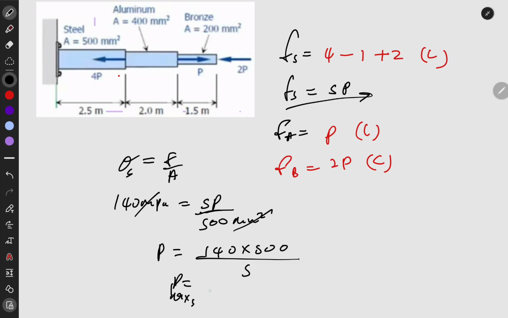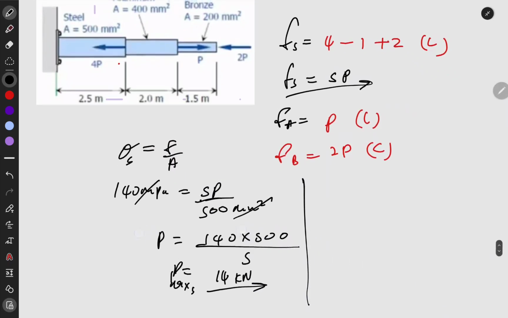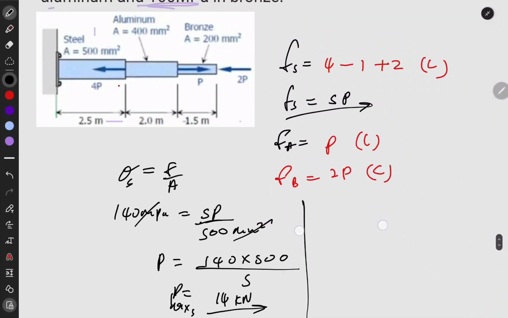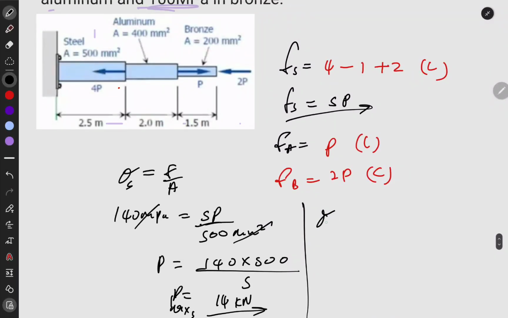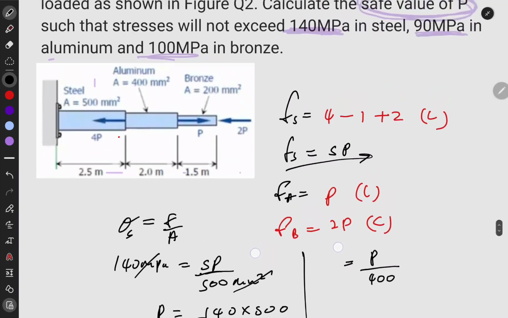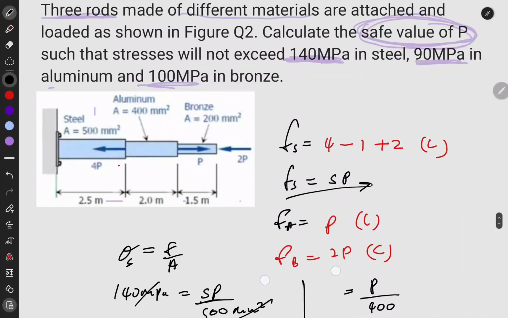After calculating, I'm getting 14 kN. Okay, and then let's move to the next one. The next one is aluminium. So stress on aluminium is going to equal force on aluminium, P, over area on aluminium, 400, and then our stress, the max that we could take, was 90.